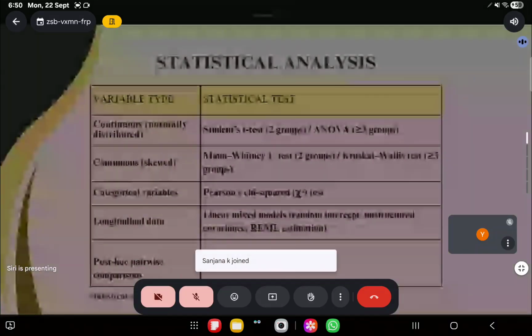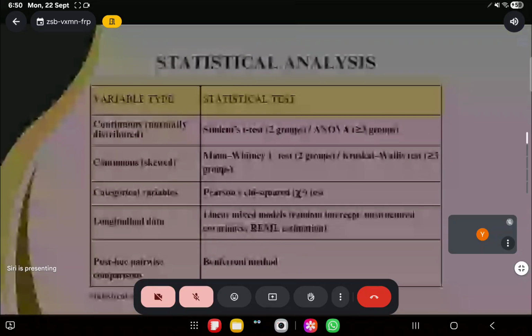Coming to the statistical analysis of the paper, several statistical tests were performed, depending on the variable types. Sorry to disturb. Can you wait for 2 minutes? The screen is very unclear. Maybe there is some connection issue on your side. I'll let you know again when to begin. Okay, it's very blurred. Okay, just a second then. I will try my connection.